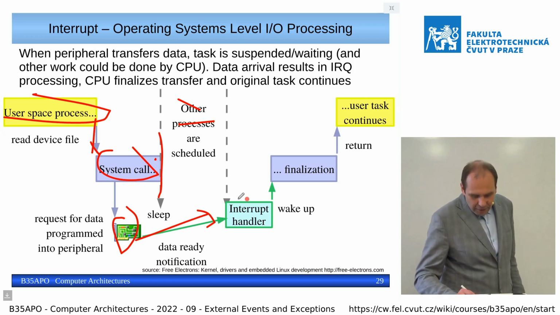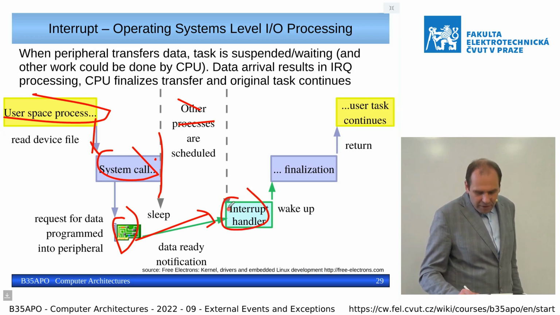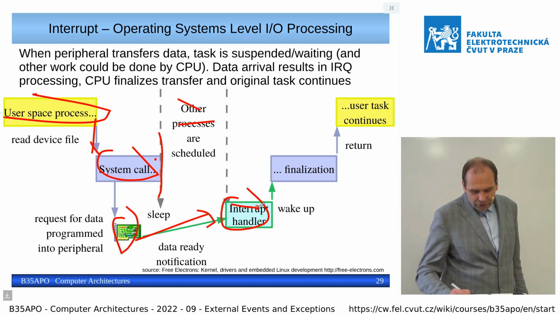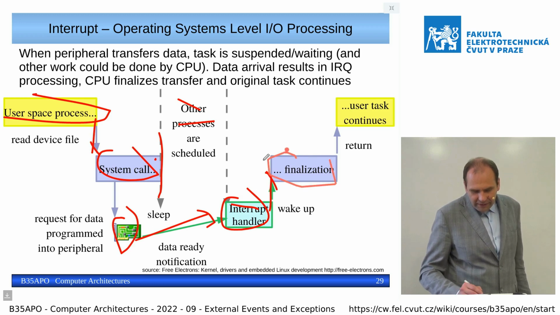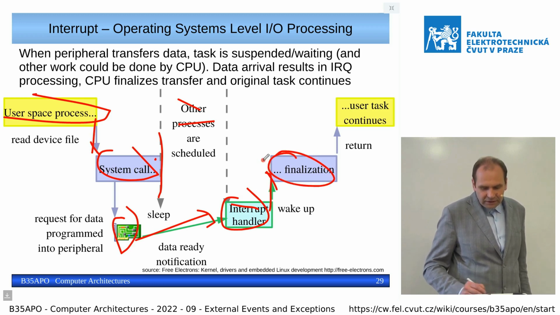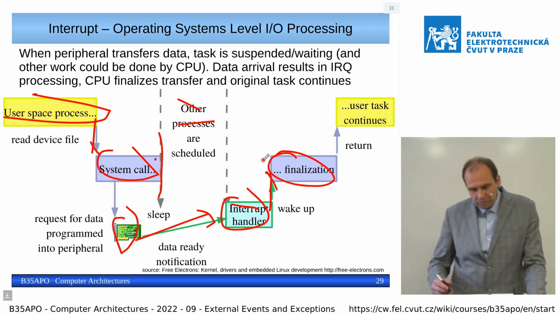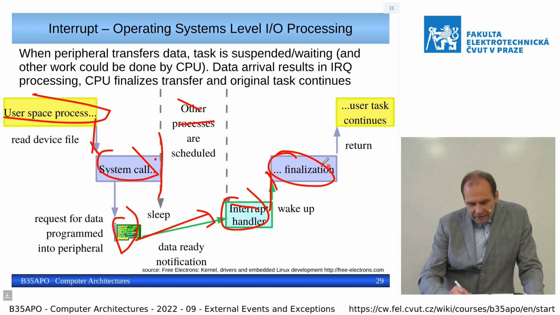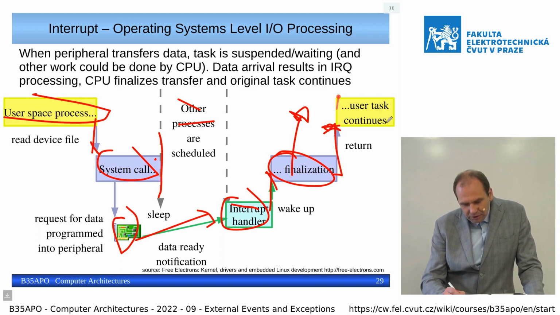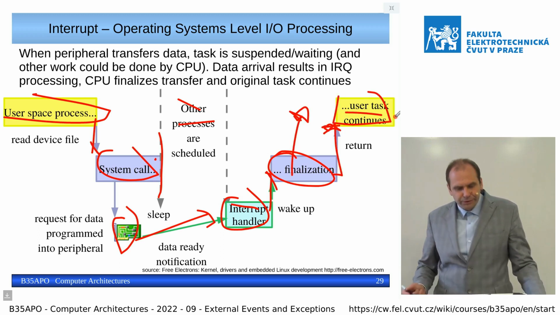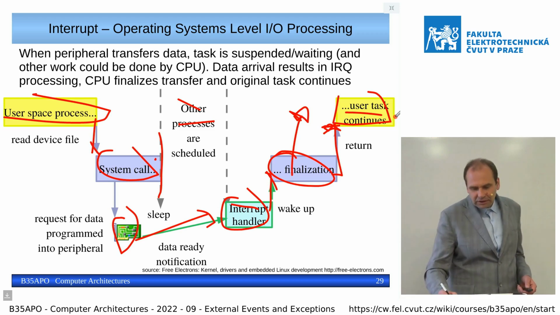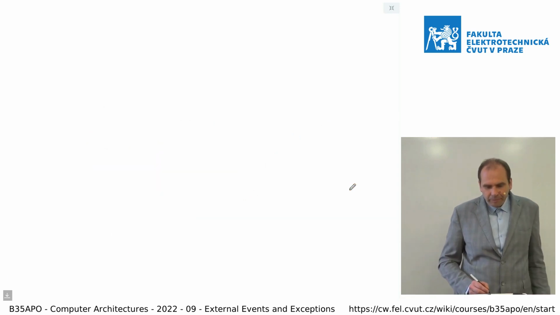When the interrupt arrives, the interrupt handler processes the actual event and wakes, through the wait queue, the kernel part of the process in kernel mode. It copies the data to the user space buffer, then returns through the syscall return to the user task, and it gets the data. So that is how it works generally.